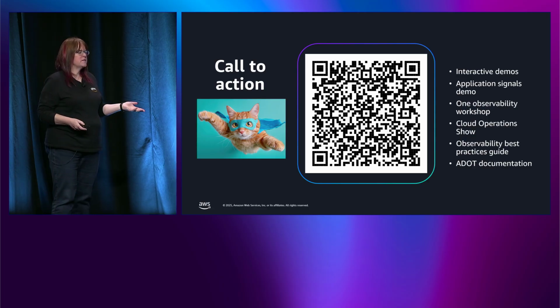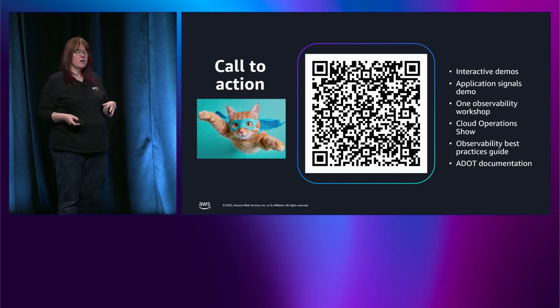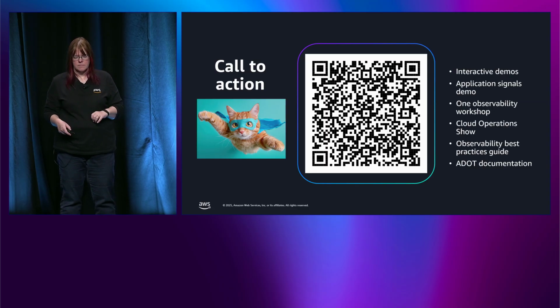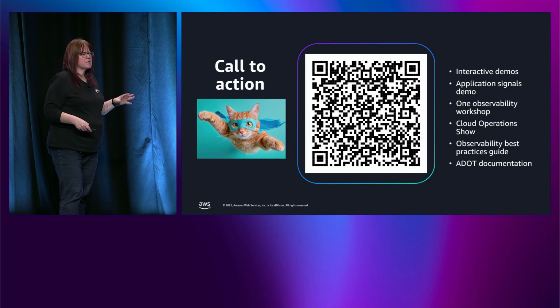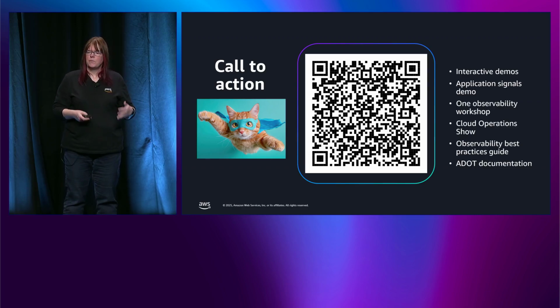Our One Observability workshop gives hands-on activities around many of the features, not just in CloudWatch, but in our open source availability through AWS as well. The Observability Best Practice Guide gives you a great way to think about where am I and where am I going to go next, and how are other people doing it. We've built that based on the experiences that we have with the many customers that our specialist community supports.